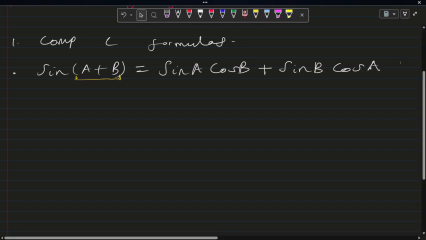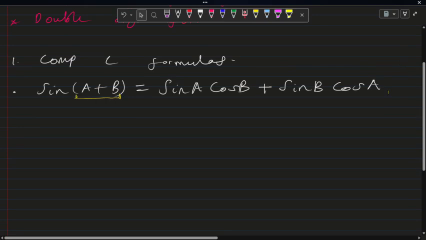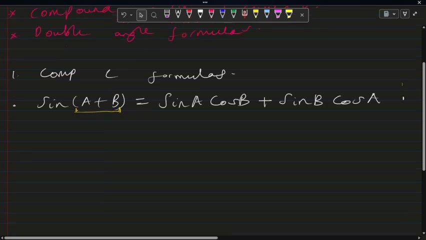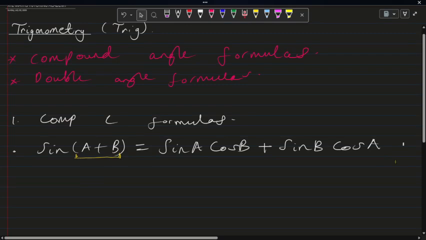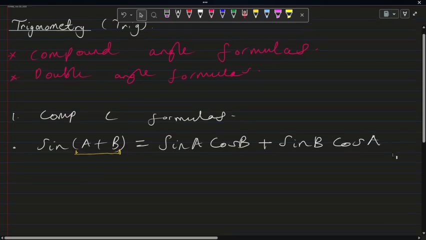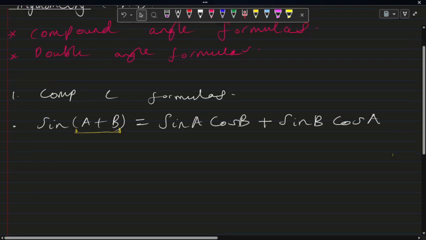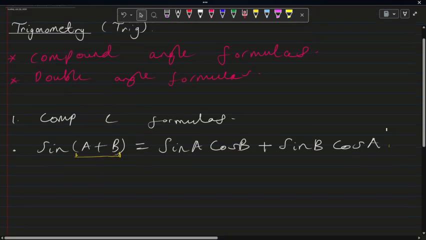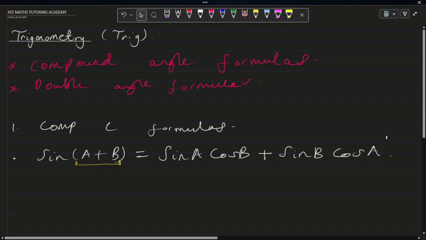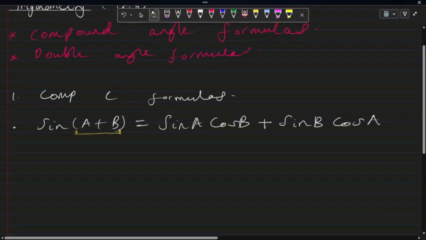Please note that the proofs for these formulas are beyond the scope of high school mathematics. There are ways to prove these formulas, but they involve complicated mathematics. So what I'm going to do in this session is basically provide the results of the proofs, which are the formulas that we will have to apply when we are doing exam questions and so forth.